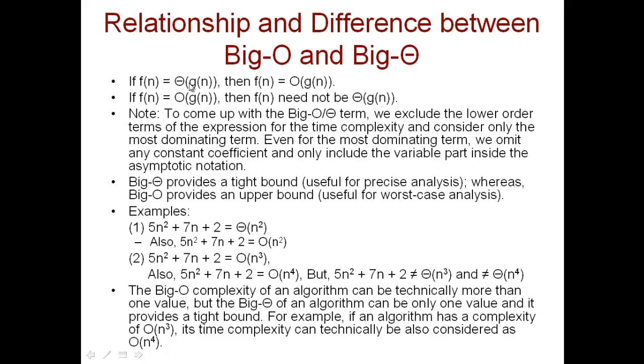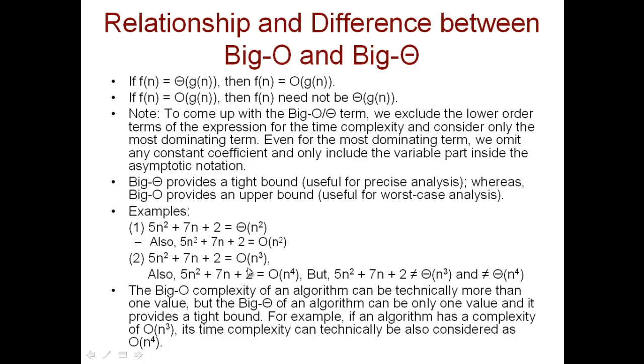So that's what I have here. So f of n is theta of n square. We can also say f of n is big O of that n square, that g of n. So we can simply say theta implies big O. So if some function f of n is theta of g of n, it's automatically also true that f of n is also big O of the same function g of n.